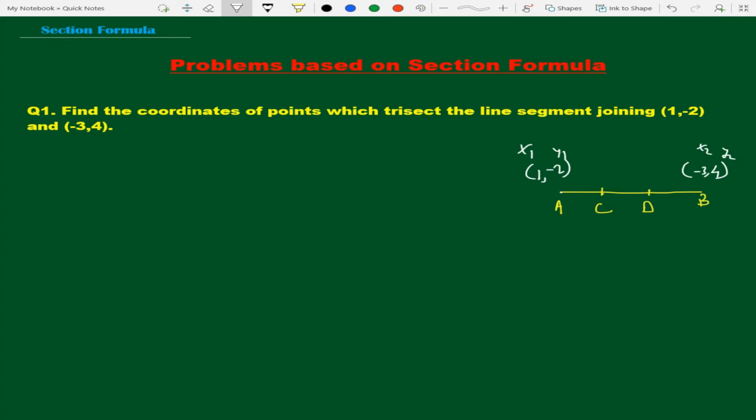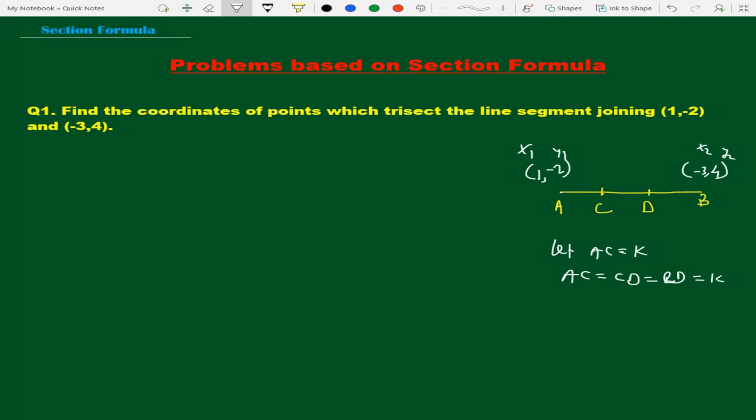So for this, let AC equal to k. It means AC equal to CD equal to BD, also equal to k.